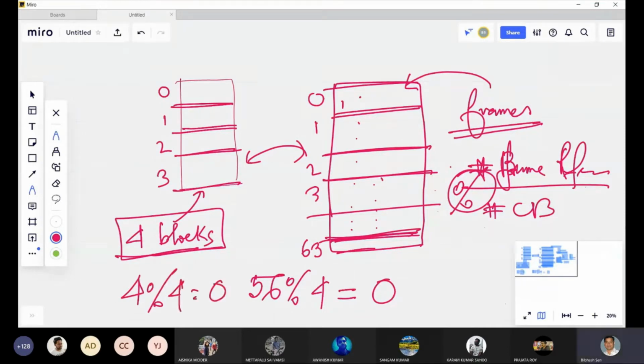That means, if earlier 4, here only 0, 4, 8, 12, like this can be present. Am I correct or wrong? Yes, sir. Only these pages can be present.